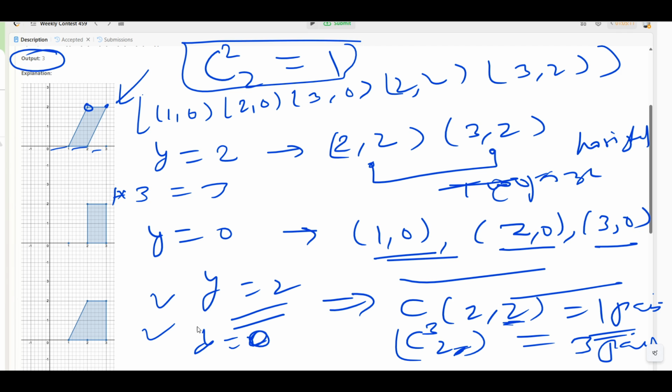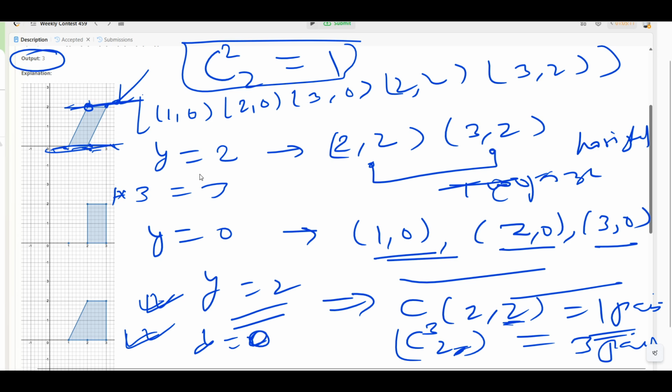Let's suppose this is a horizontal edge, and this is taken from the second horizontal edge. We get this horizontal and this horizontal. We need this point and this point, this point and this point. So in total 4 points we need to form the trapezoid with parallel horizontal sides.